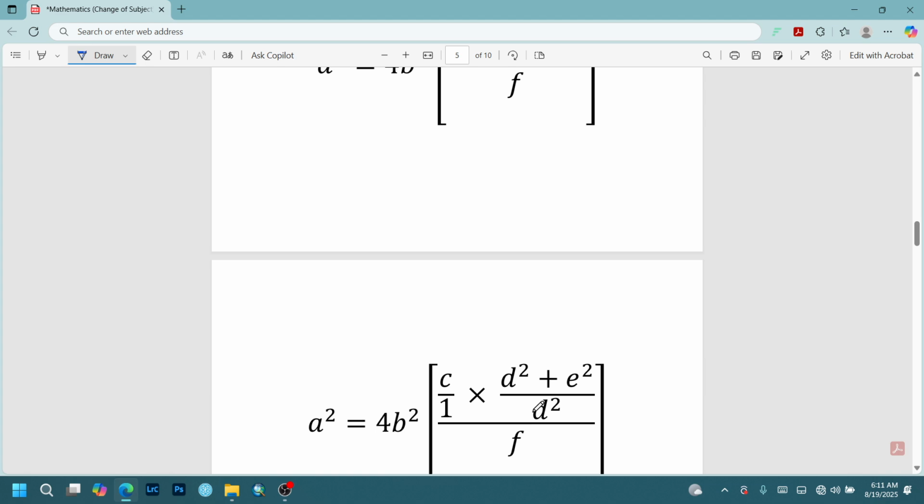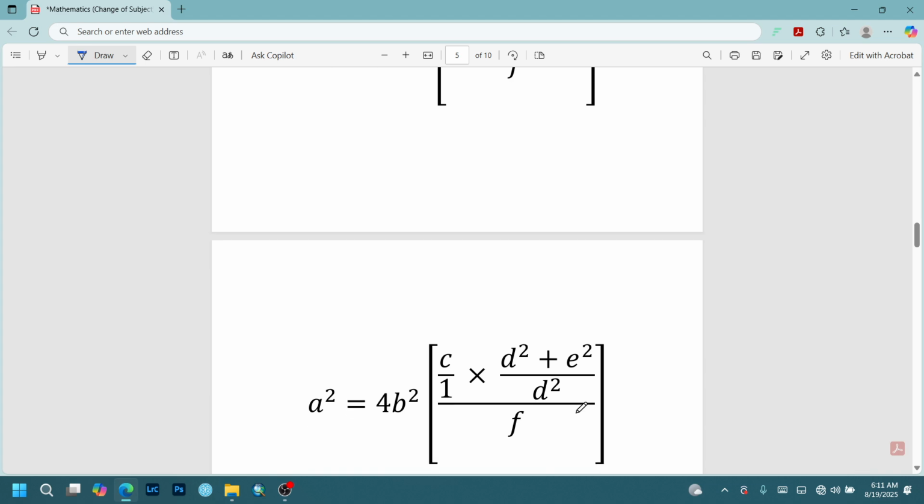When you are doing multiplication for fractions, the numerators will multiply the numerators, the denominators will multiply the denominators. So we are going to have c multiplying (d² + e²) and 1 multiplying d².